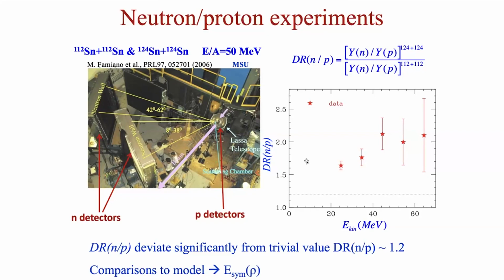You try to measure the ratio of neutron and proton yields in different reactions with different N over Z of the colliding system, and then make this double ratio as a function of the kinetic energies of neutrons and protons. You see the very large error bars because it's very difficult to detect neutrons.